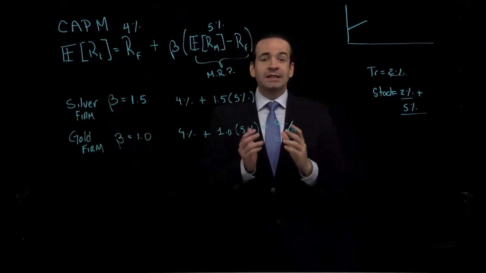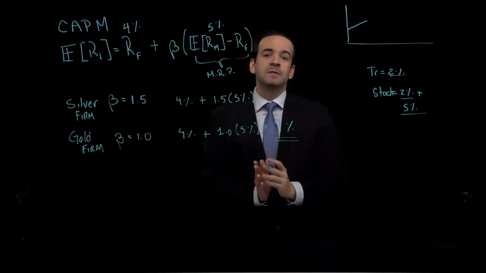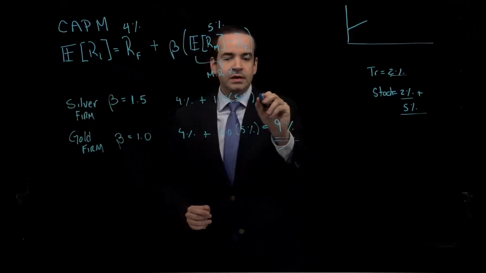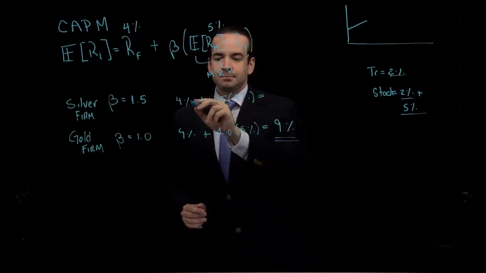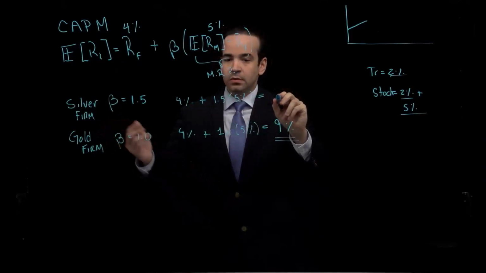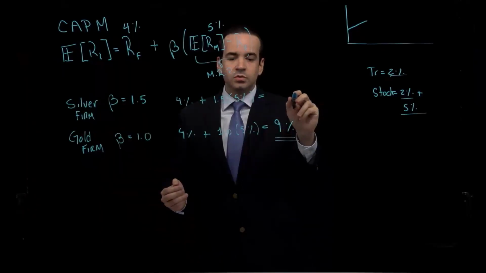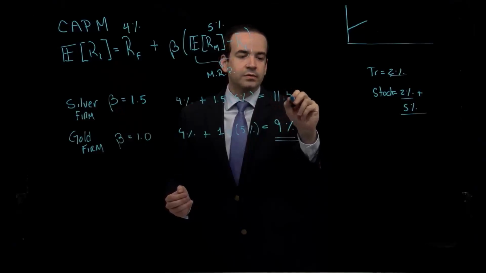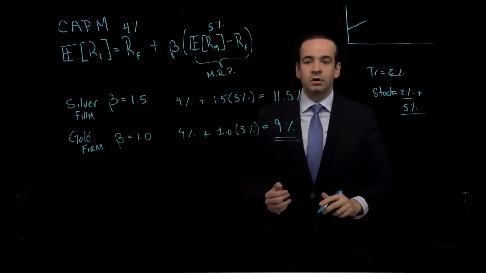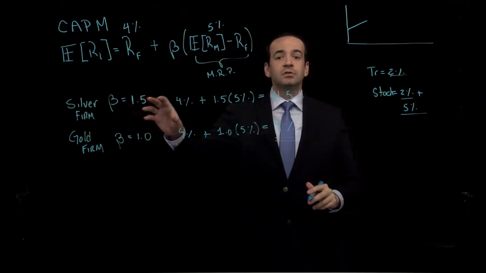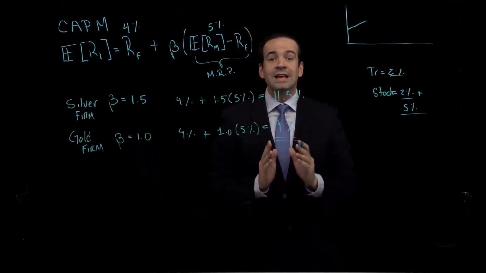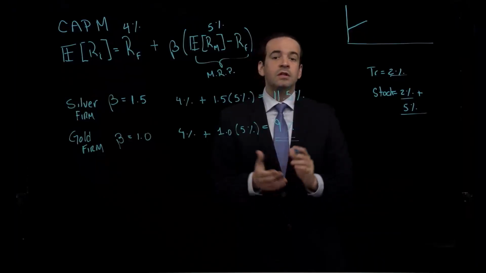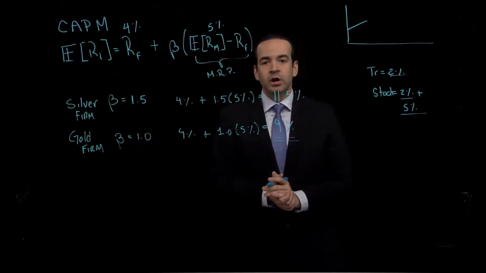If they are not getting this 9%, then this investment doesn't make sense, right? And then silver firm, in other words, will have this 7.5 plus 4, an 11.5% expected return. So silver firm investors will require this 11.5% in order to invest in this firm, and if they cannot achieve this value, then the investment will not make sense.